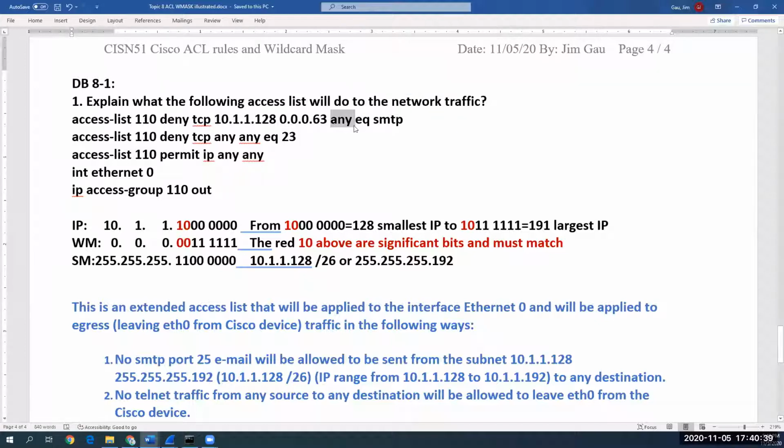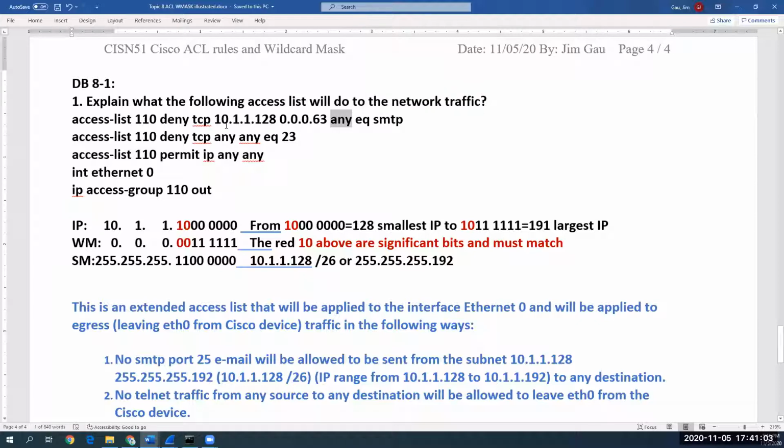We just use any. Any means any. So we are going to deny TCP protocol for an IP address with the WM of 0.0.0.63, no matter where they want to go.